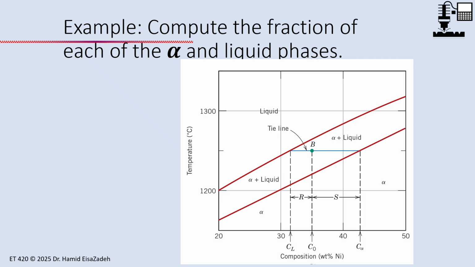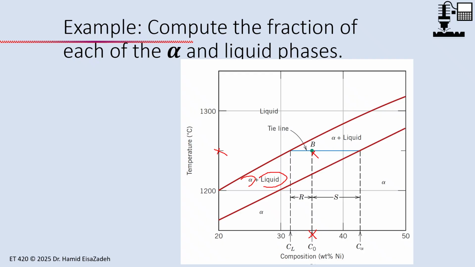If you are given the temperature and composition, right? Here we have B. Based on these two points, we can construct two lines and then find out where the point of interest is located. We see that it's between this solidus and liquidus line, and we have two phases, alpha and liquid.